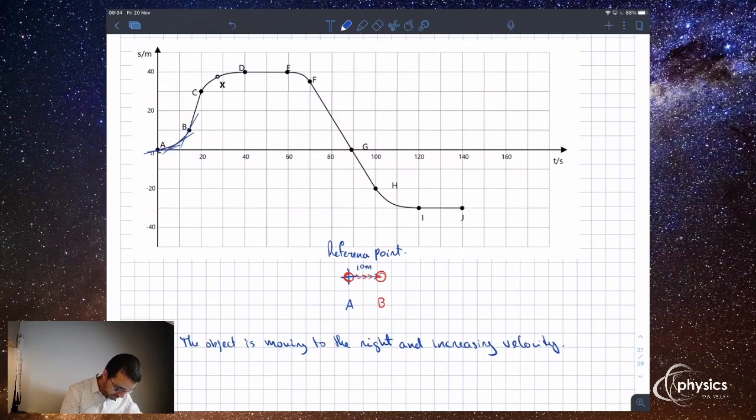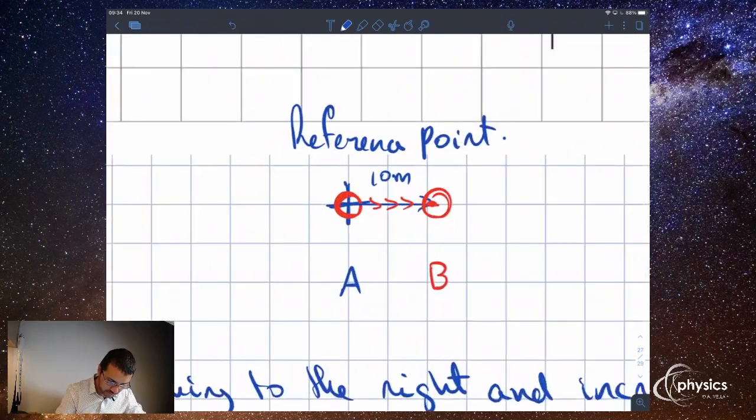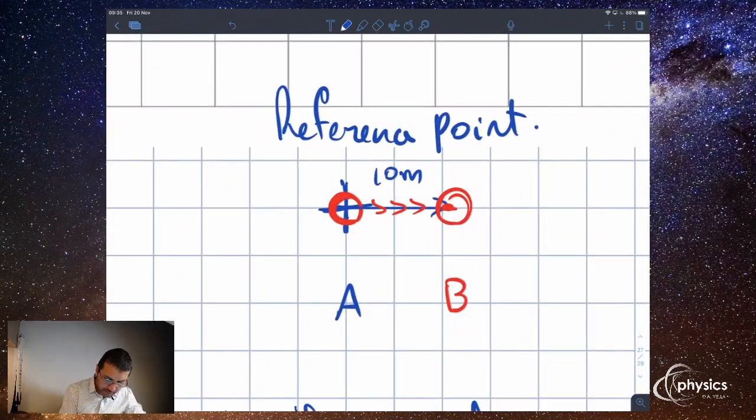Let's continue. BC now. At B, we are 10 meters away from the reference point. At C, we are 30 meters away from the reference point, and it's positive. So the displacement is positive, pointing to the right. Attention, we draw the displacement always from the reference point.